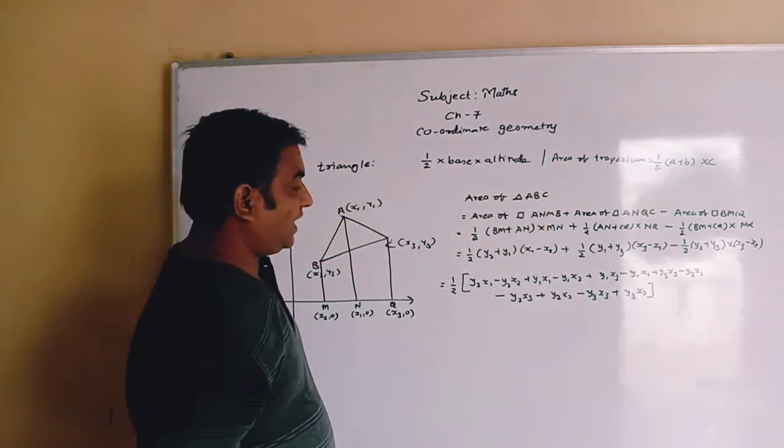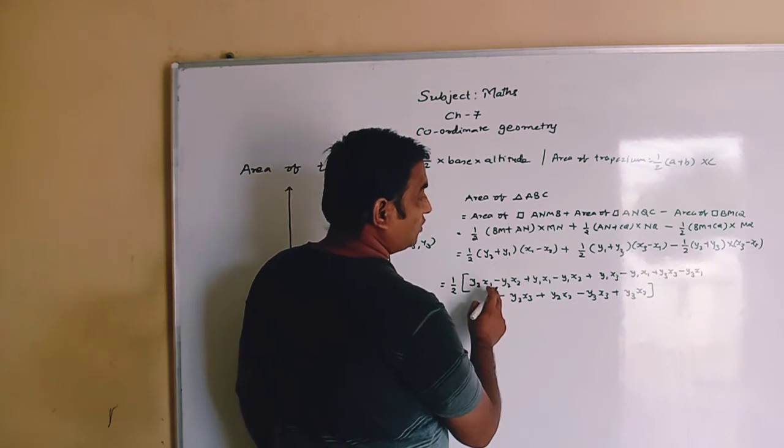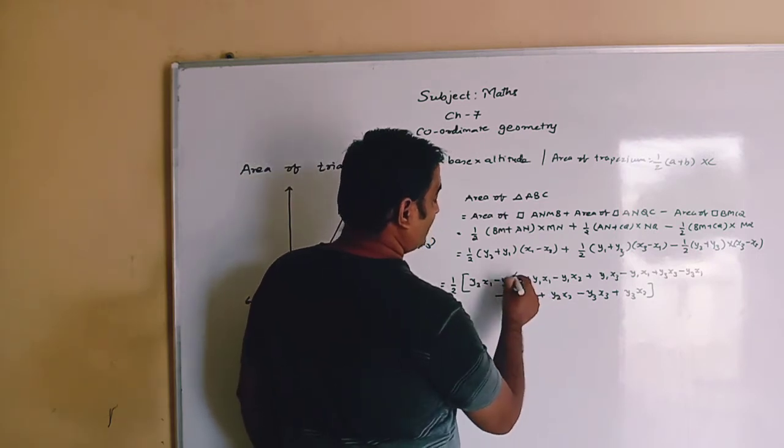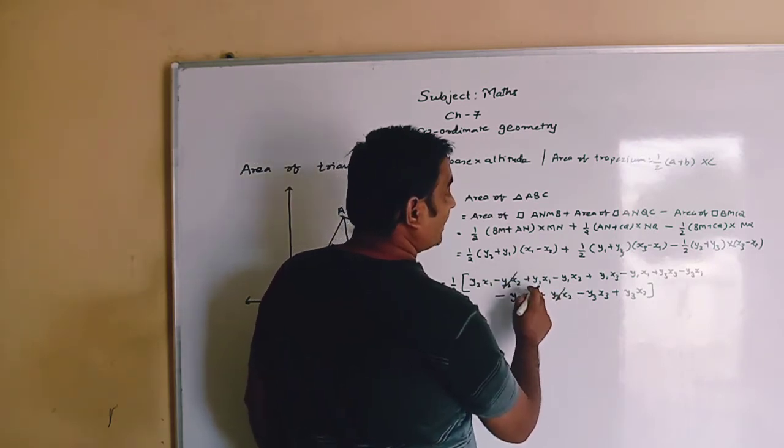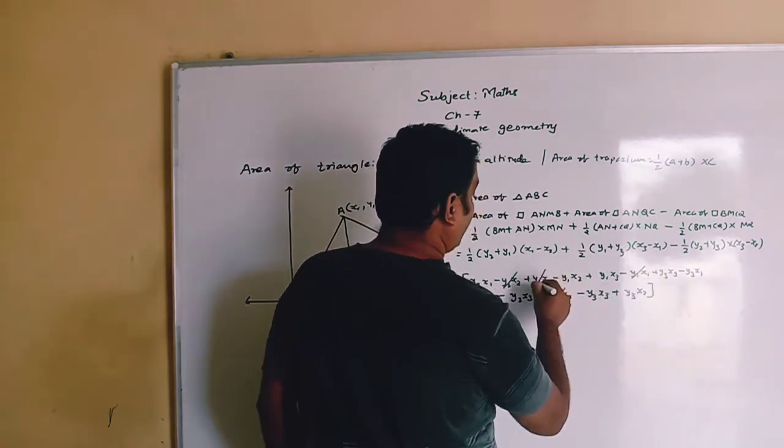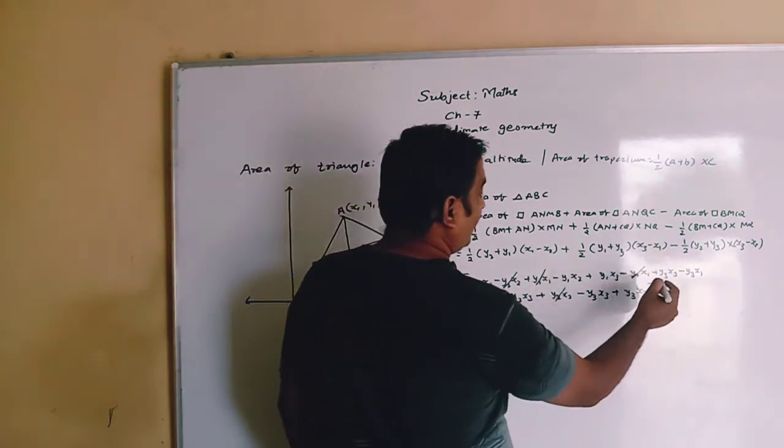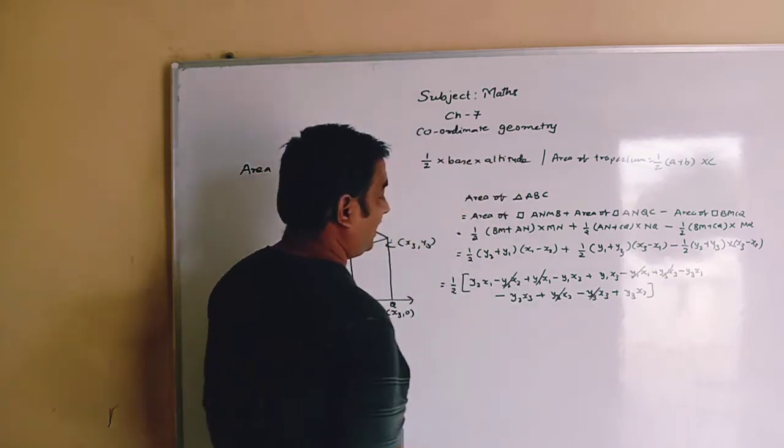Here you can see that minus y2 x2 and plus y2 x2 cancel, plus y1 x1 minus y1 x1 cancel, and plus y3 x3 minus y3 x3 cancel.